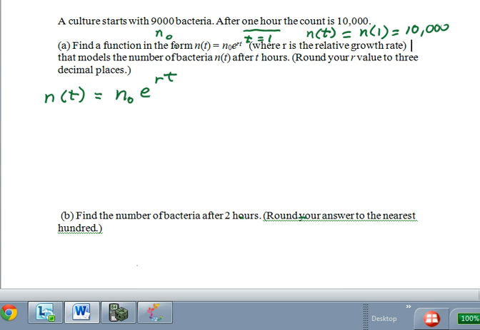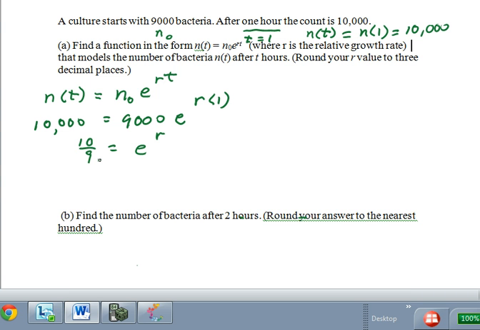So we're going to start out first of all with the fact that we know that 10,000 will equal 9,000 e to the r times 1. 10,000 is n of 1, 9,000 is n sub 0, and t is 1. So when we divide by 9,000, we get 10/9 equals e to the r, because r times 1 is r.